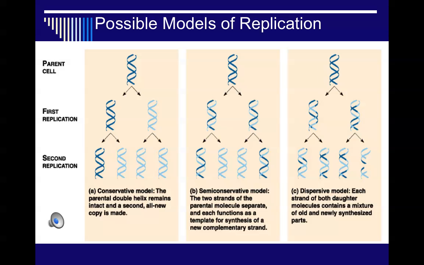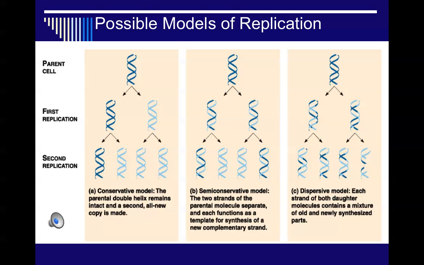The second possible model that was proposed was semi-conservative. In the semi-conservative model, we start out with an original double-stranded DNA template, just like we did with the conservative model.